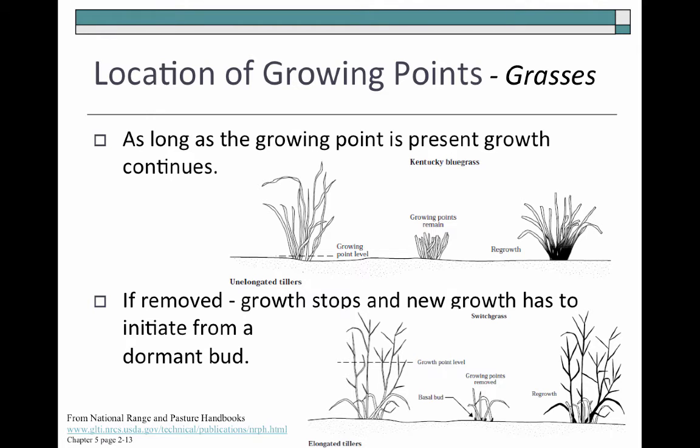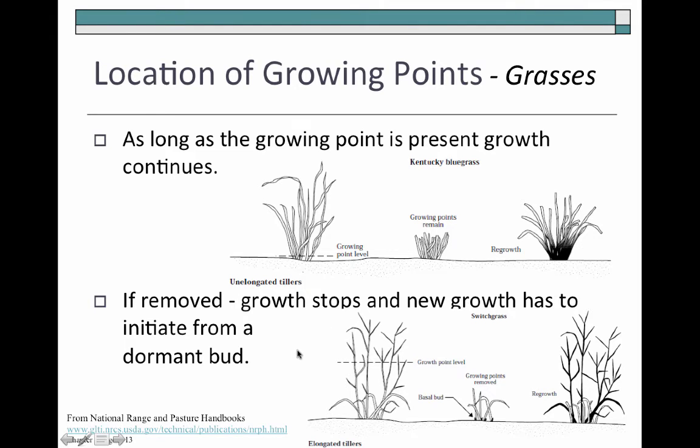And so these growing points are going to be pretty low to the soil. So they're going to have more basal growing points than elevated growing points. Therefore, that's why it makes a really good lawn species, because you can actually cut these species of grasses pretty short, and they're going to come back very, very readily.